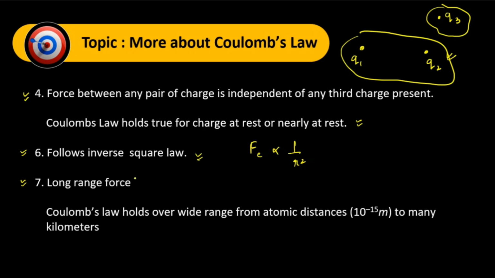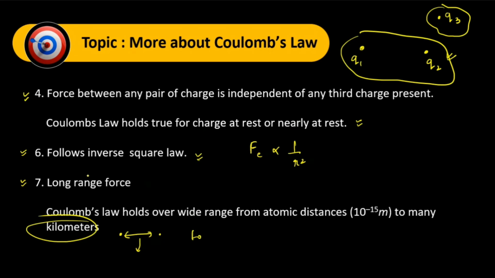Also, this is a long range force. Long range force means it can exist between two charges lying at a long distance as well. Coulomb's law holds over a wide range, from atomic distances to many kilometers. This is an important one. For example, two charges kept at a distance of the diameter of a nucleus, or even many kilometers apart, this is what makes it a long range force.